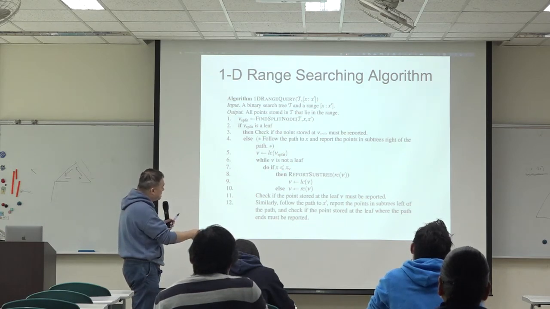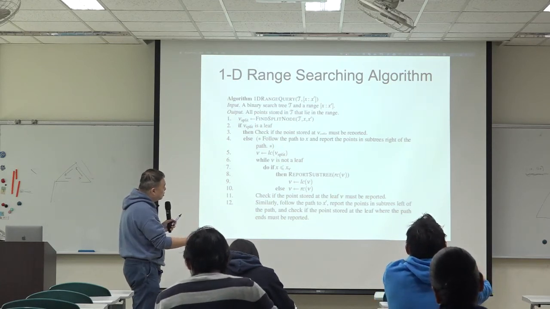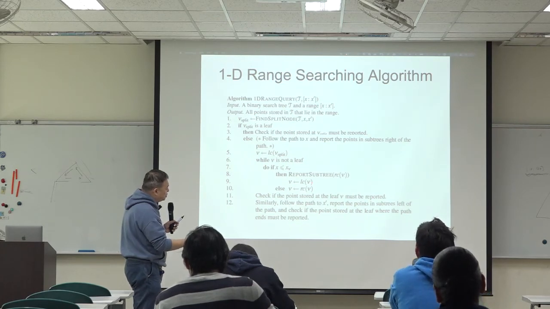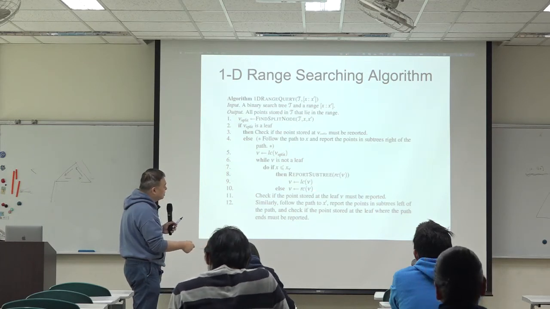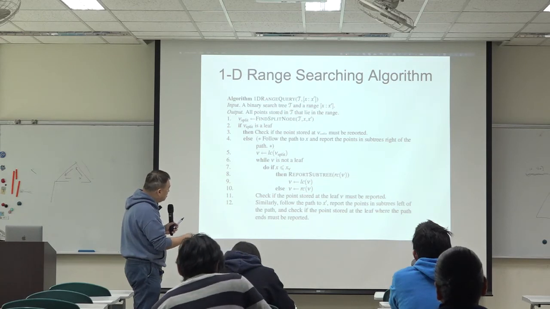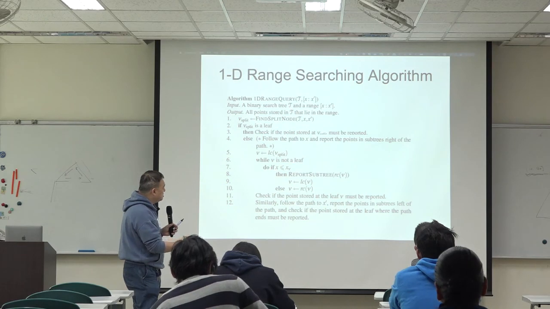So when we go to the left, you report all the nodes in the right subtree first. So you do a report subtree, RCD, the right child of D, and then you go to the left child. Otherwise, you just go to the right child and do nothing. Because this is a while loop, you keep doing that until you reach the leaf node.